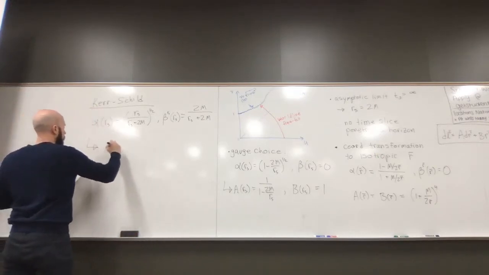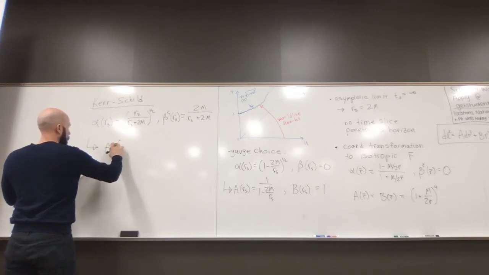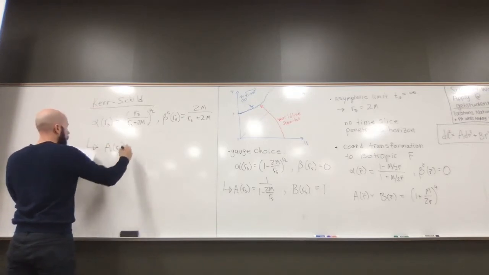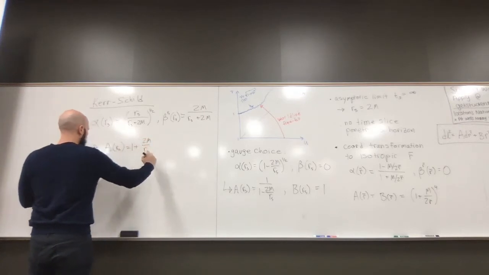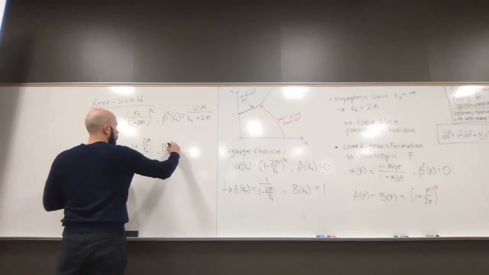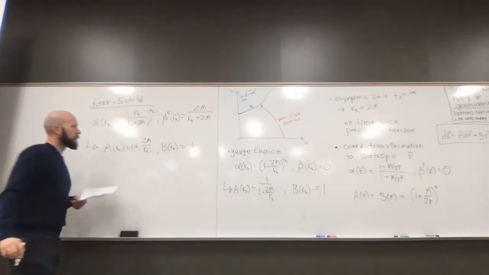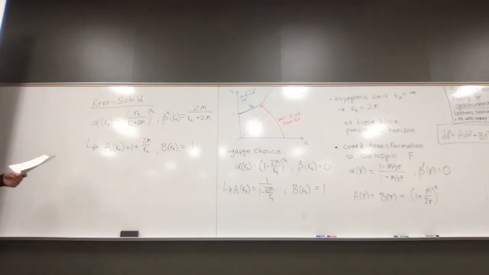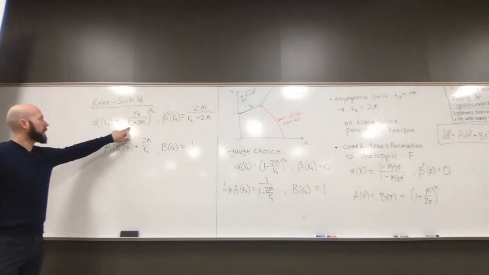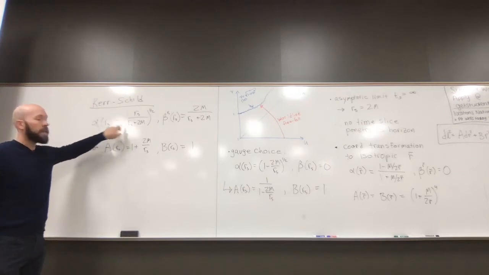So this gives us, plugging it in, we're still in Schwarzschild, A is equal to 1 plus 2m over rs, and capital B of rs is equal to 1. So it's a radial gauge. And this is actually horizon penetrating. There's no problem with going past r equals 2m, right? You can see that by just plugging in r equals 2m here and here, and this is not 0.